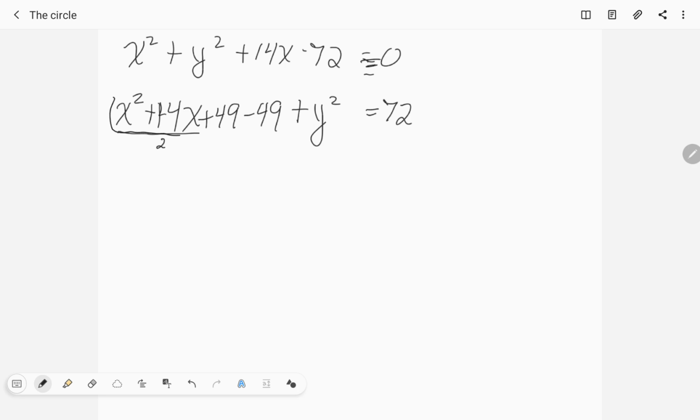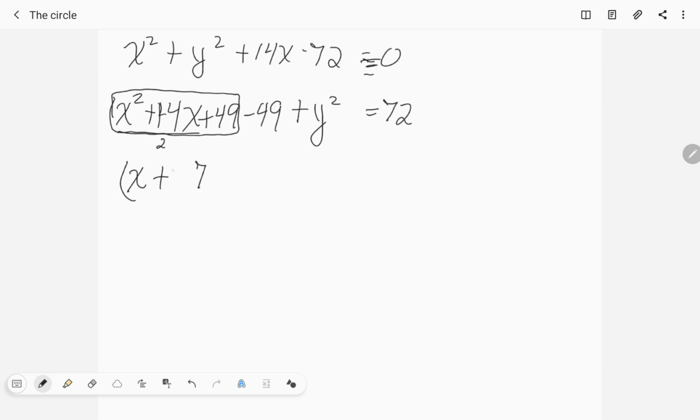So now what that means is this part right here is a perfect square trinomial, and I can factor that. Since you know it's a perfect square trinomial, it's easy to factor. I take the square root of the x squared, which is x. I take the square root of the 49, which is 7. And if you think about it, 7 plus 7 makes 14, and 7 times 7 makes 49, so it works.